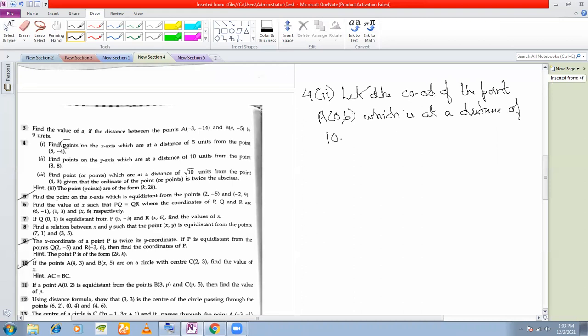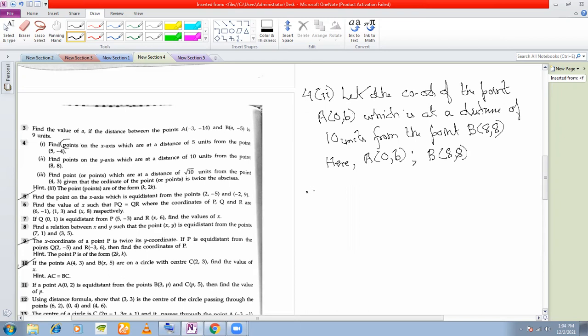10 units from the point B (8, 8). Okay, so here A is (0, b) and the point B is (8, 8).